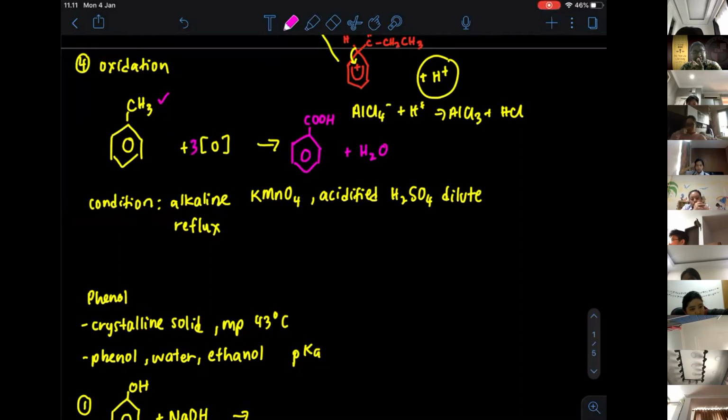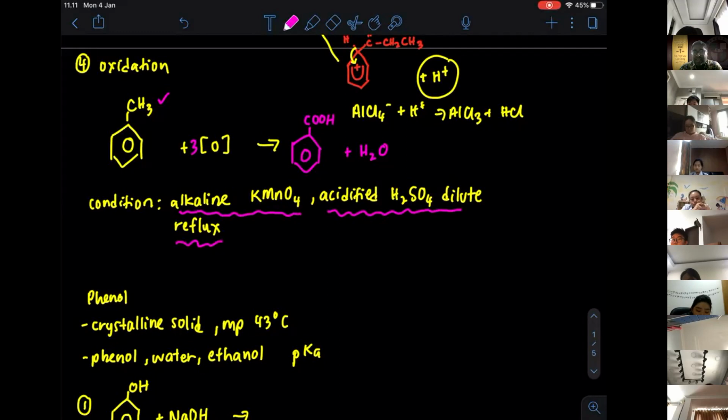But anyway, the conditions are going to be different. Instead of just using acidified potassium manganate, the condition is alkaline potassium manganate, and only after that acidified with dilute sulfuric acid, and then reflux.